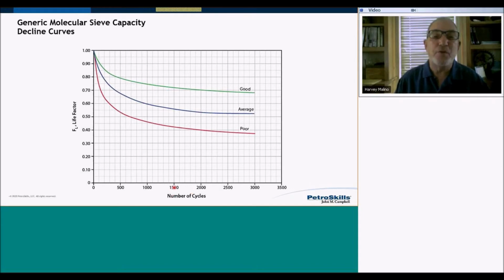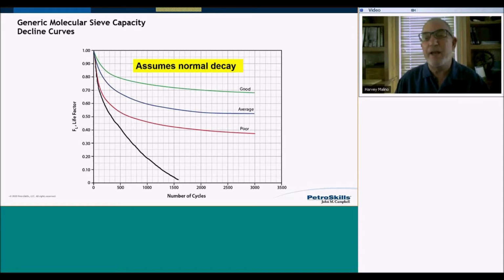We show 3 different bands, good, average, and poor. And what all this does is assumes normal decay. The reason for the 3 different curves is it accounts for not only the hydrothermal cycling, but also for typical, and I say typical, amounts of contaminants that are in the feed gas.